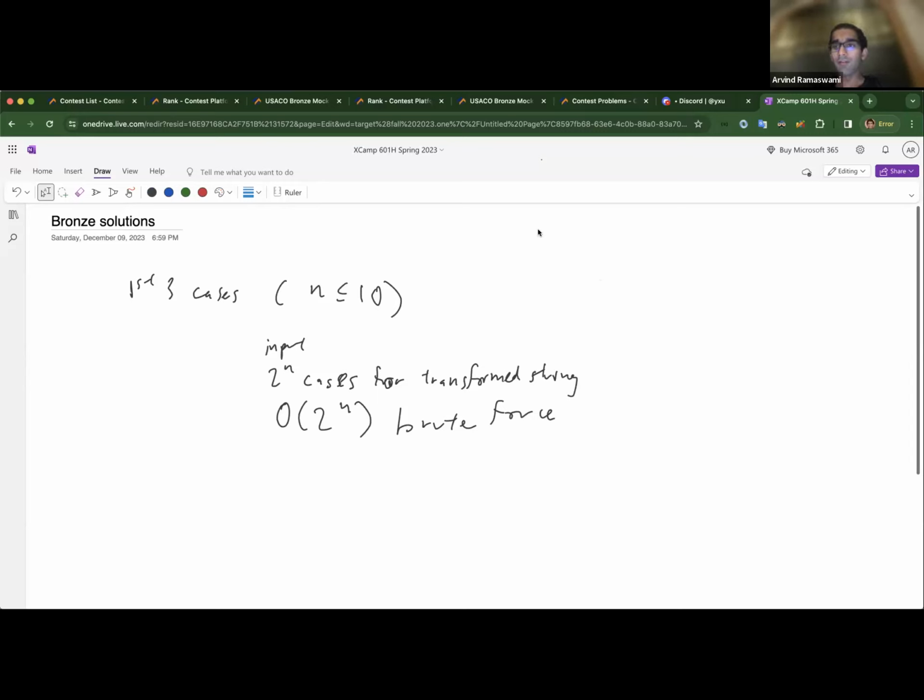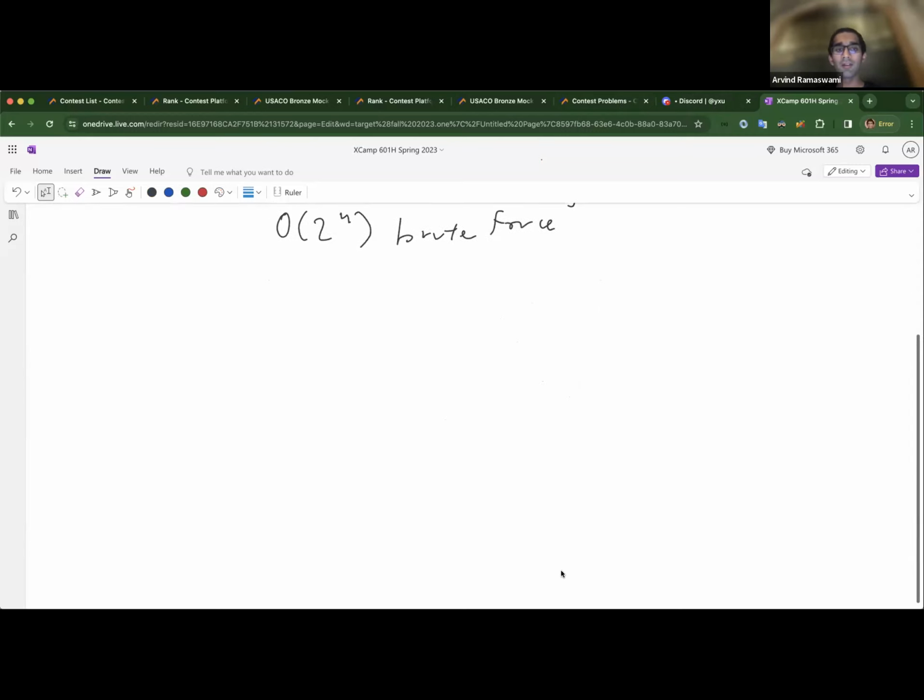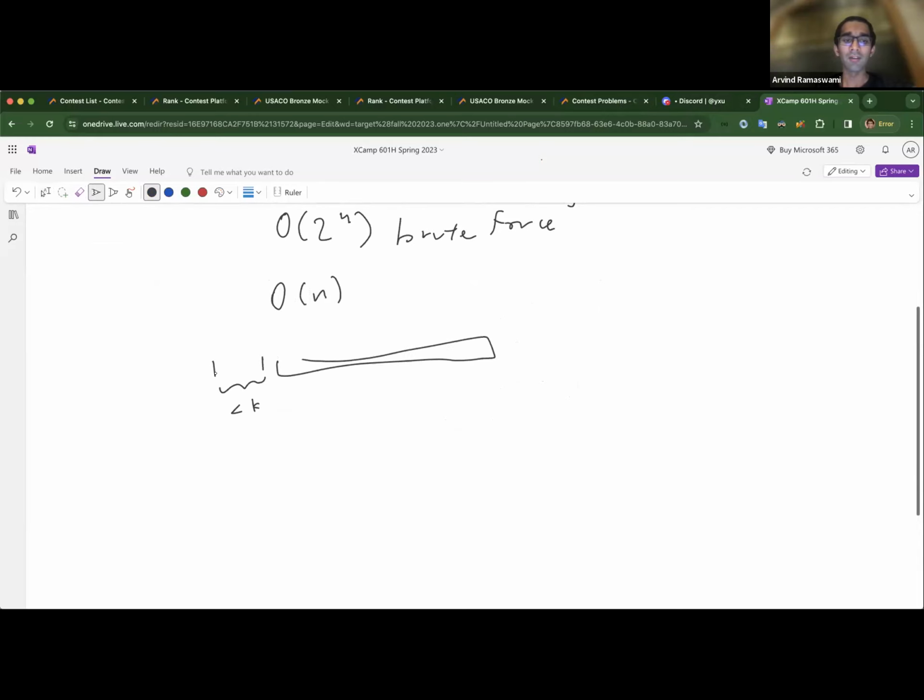And to get the full test set, which is O of n, we can do something that's greedy. So the observation is to consider the two leftmost ones that have distance less than k, and then consider the rest of the string. So everything before this has distance greater than or equal to k.